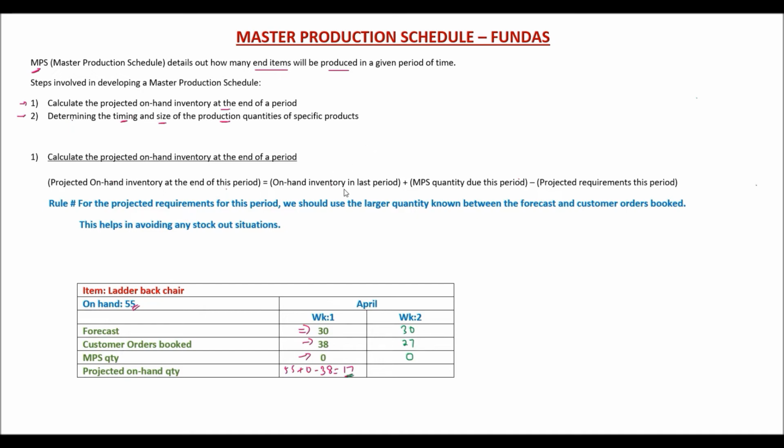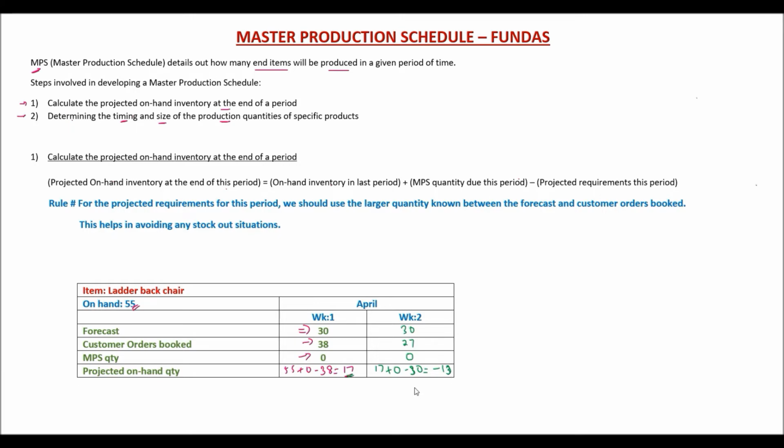So on-hand inventory in last period is 17, plus the MPS quantity due this period, which is 0. So plus 0, minus the projected requirements this period. So we have to take the higher of these two. So minus 30. So this will be equal to minus 13.